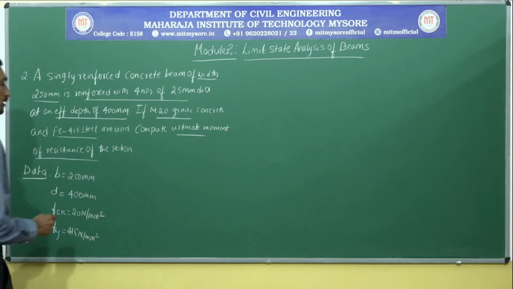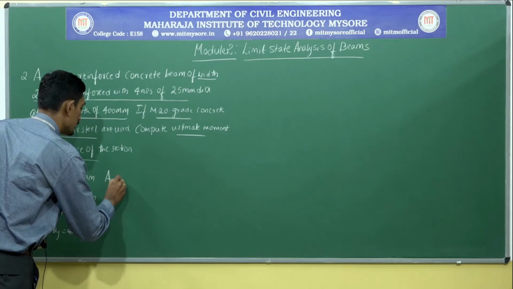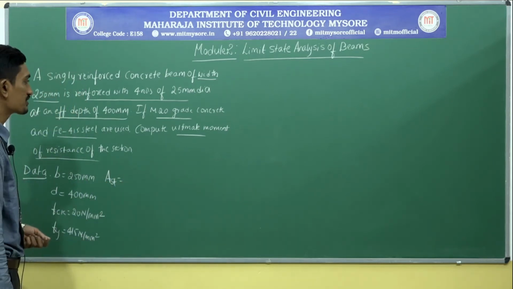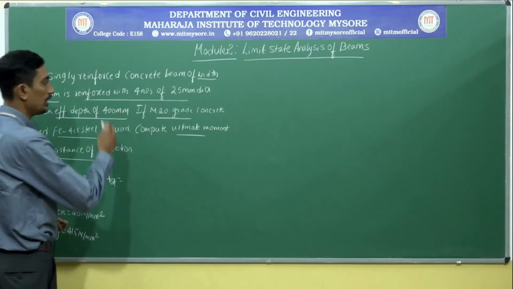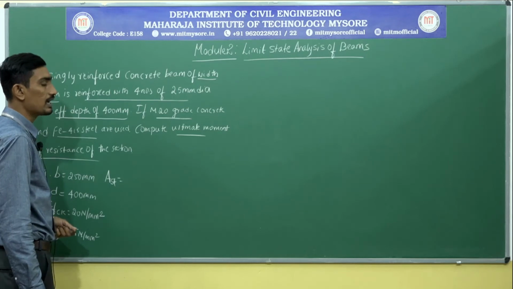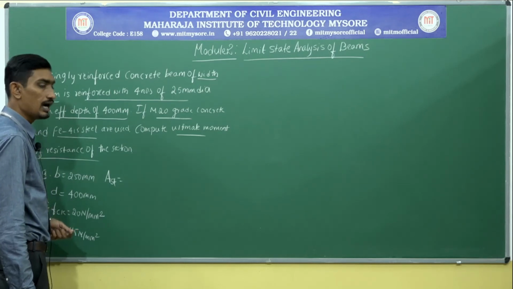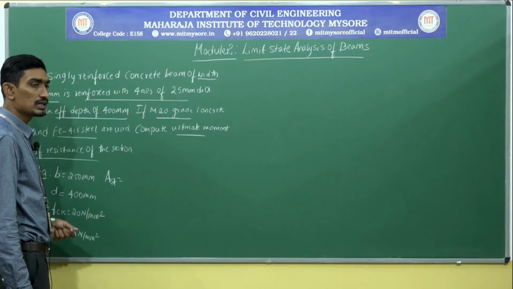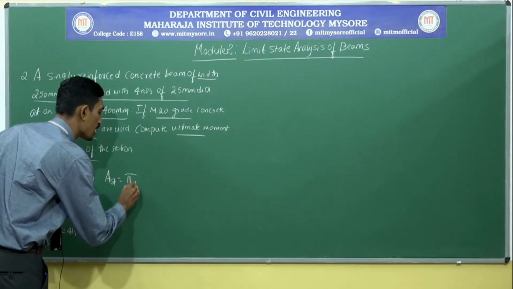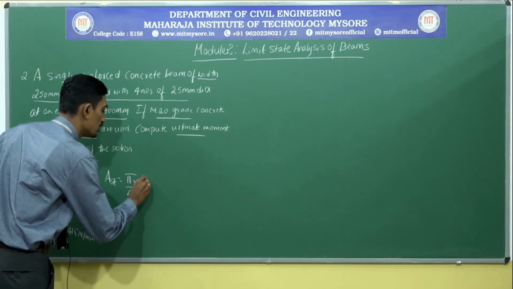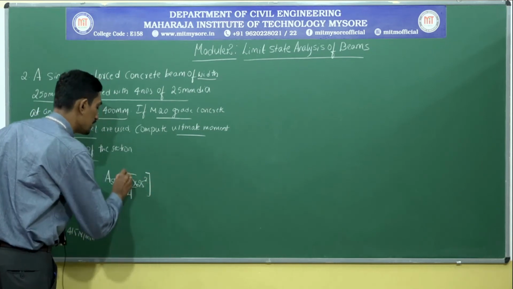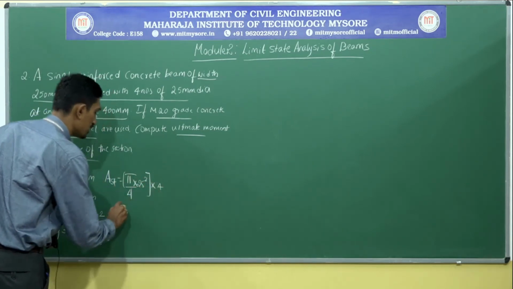Then one more thing, AST, that is area of steel. They have given it in number and the diameter, so we will convert the diameter into area. Since it is a circular bar, I am going to use the formula pi d square by 4, that is pi into 25 square divided by 4, multiplied by 4 numbers.